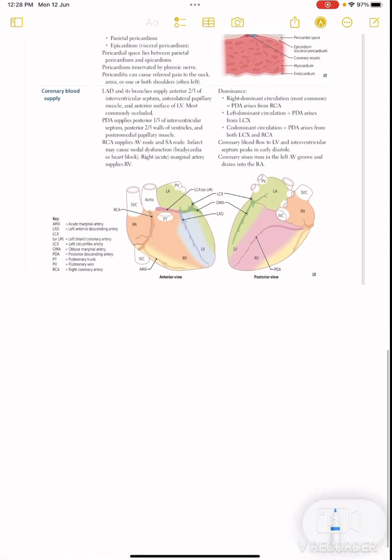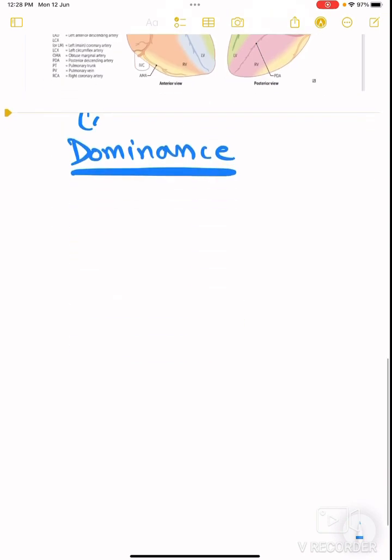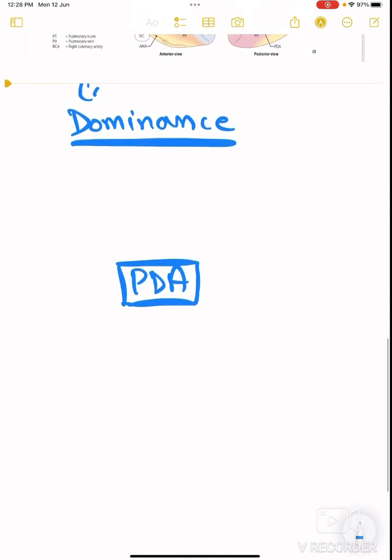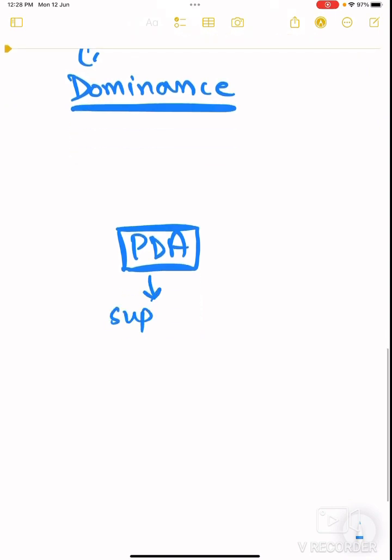Now coming to a very important topic, which is called dominance. Dominance of the heart. The posterior descending artery, as we have read over here, supplies the AV node and SA node.